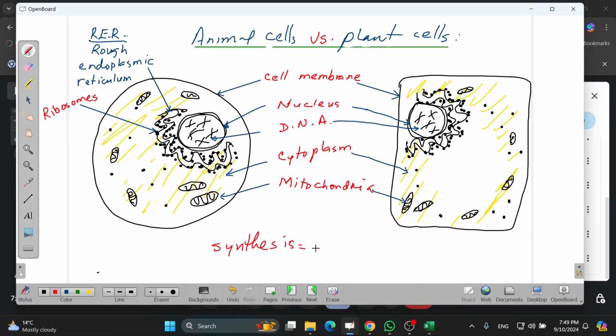Synthesis means building something up, like from tiny molecules, putting them together to make a long molecule, like proteins. And proteins are built up in the ribosomes. And the single molecules that we put together to make our proteins are called amino acids. Right?